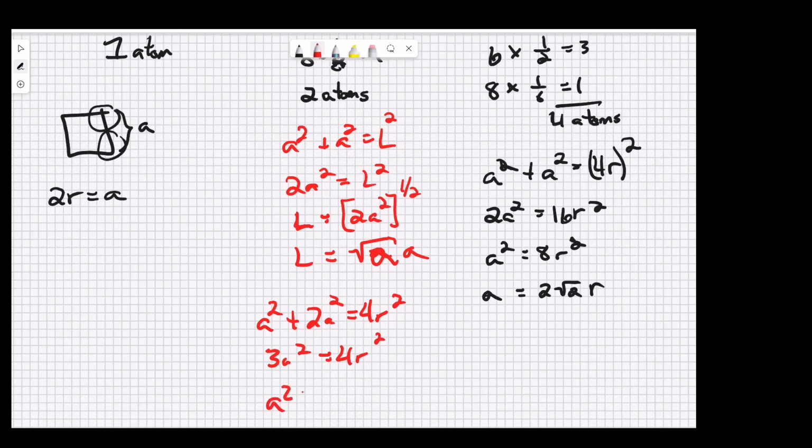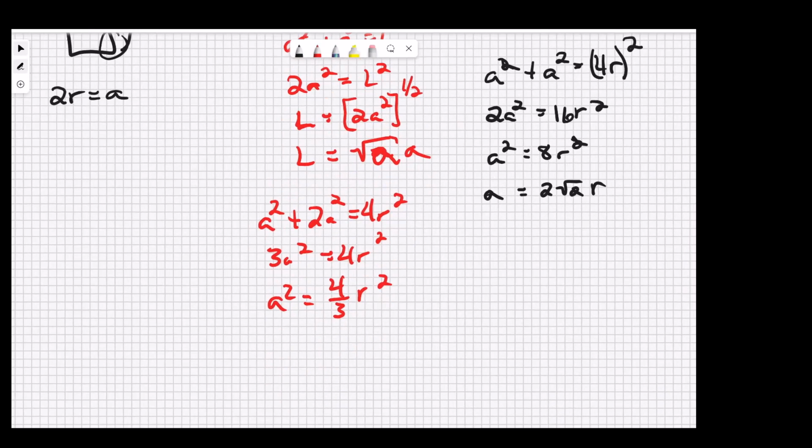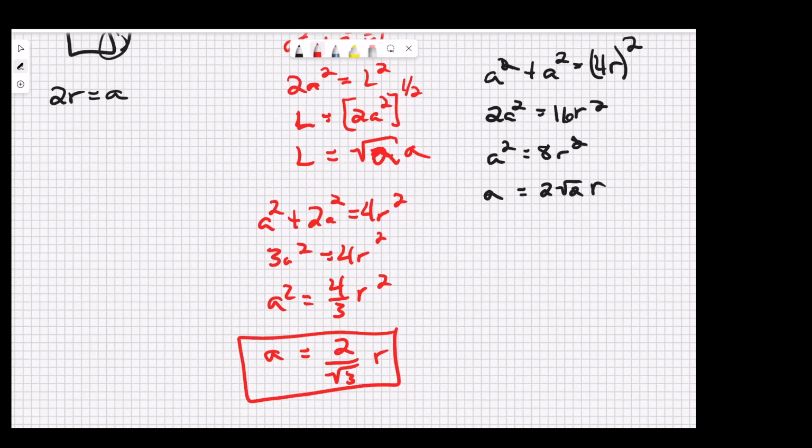Or a squared is equal to 4 over 3 R squared. Or a is equal to 2 over root 3 R. And this is our relationship between the radius and the lattice cell parameter for body-centered cubic.